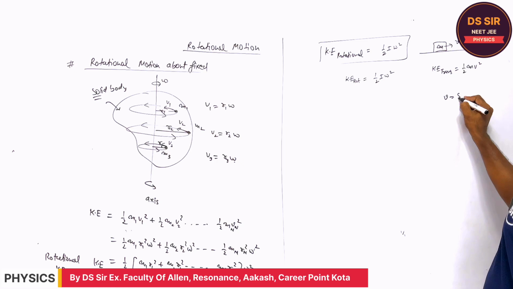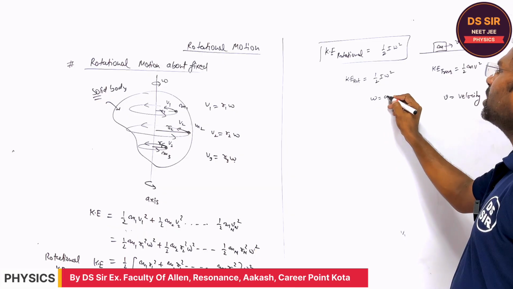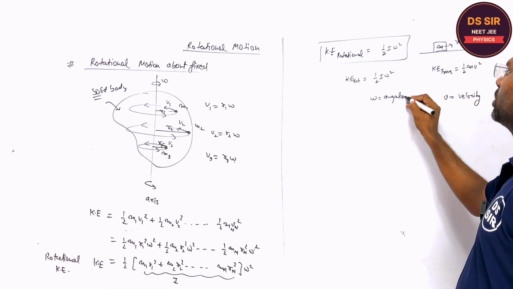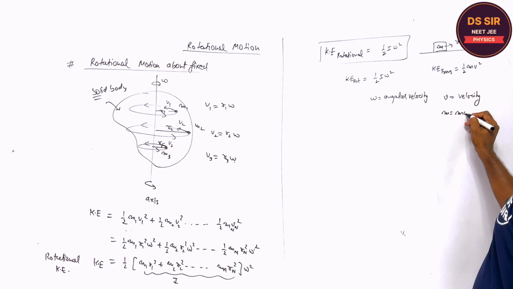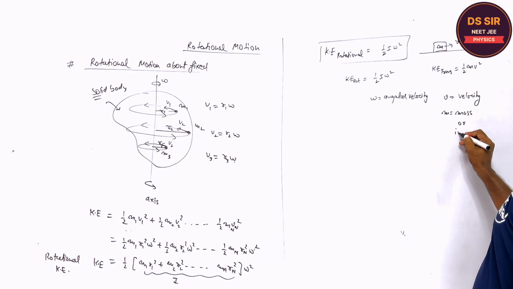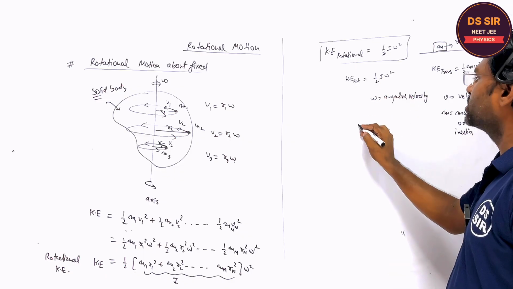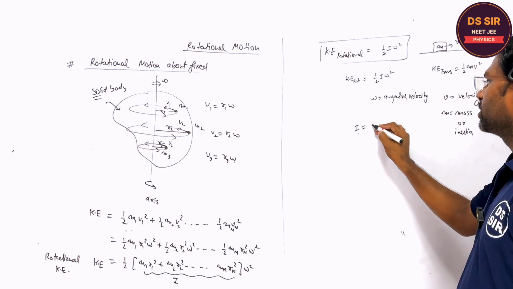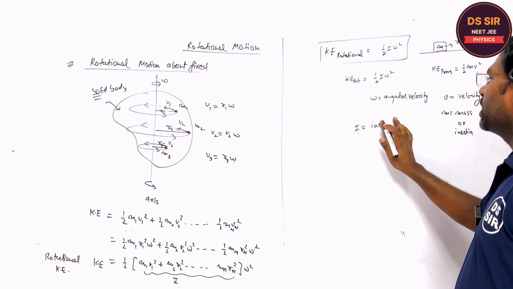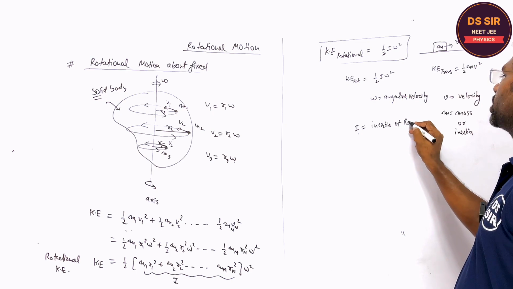Here v is the velocity and omega is the angular velocity, and the mass m is the inertia of the body, while in rotational motion it is the inertia of the rotating body.